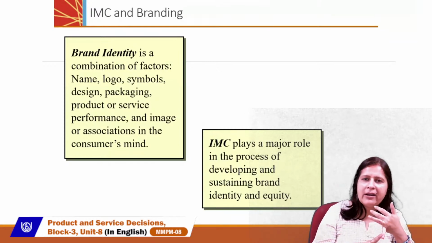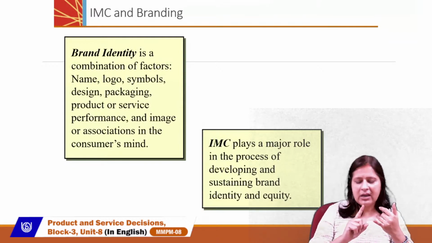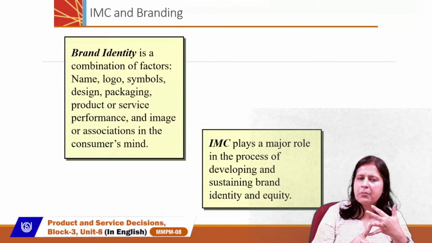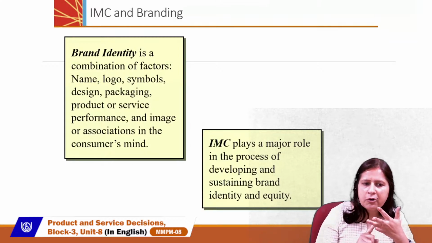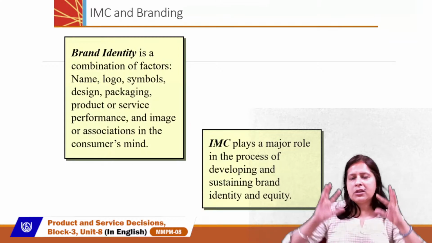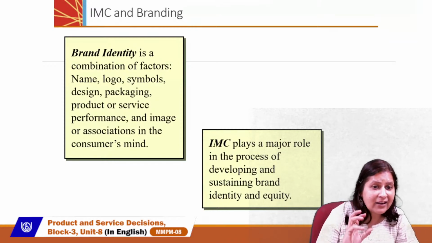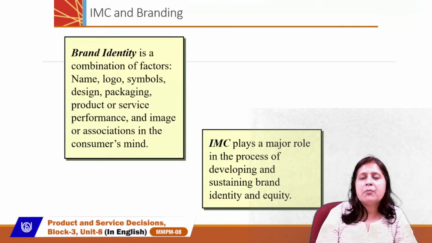It could be the brand identity. The brand identity could be a combination of many factors: a symbol, a logo, a design, packaging, performance, or the image or association in the consumer's mind, right? In rural marketing, the symbol, the logo, or the design plays a very important role.